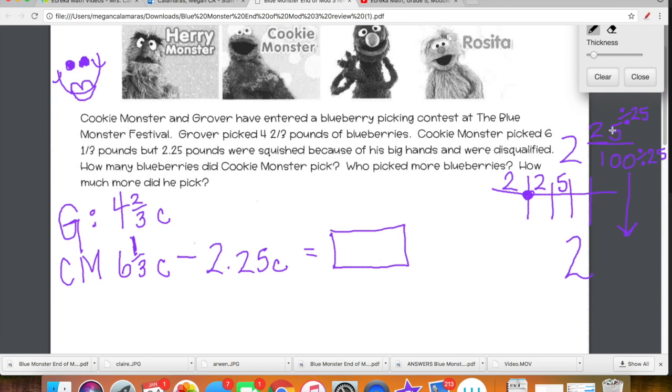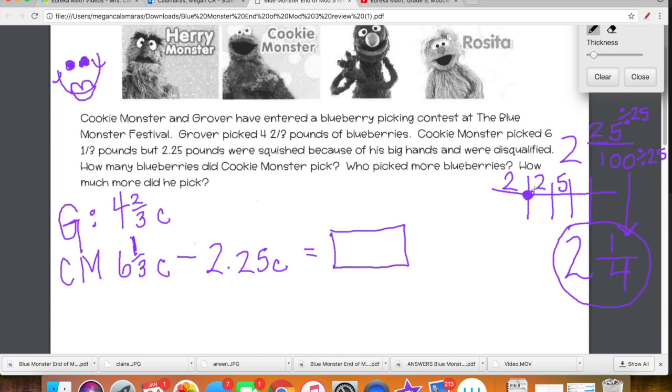Okay, so now let's simplify. So we're simplifying 25/100. We're going to divide the upstairs and the downstairs, the numerator and the denominator, by 25. 25 divided by 25 is 1. 100 divided by 25 is 4. So a simplified version of 2 25/100ths is 2 1/4.